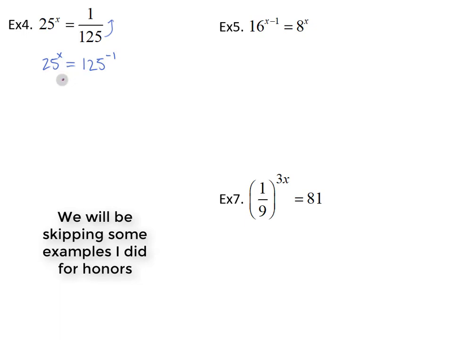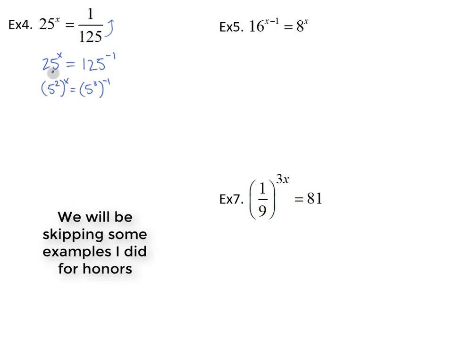Now hopefully you recognize these are both powers of 5. We don't have a matching base, but they are both powers of 5. 25 is 5 squared, which again when we rewrite these we use parentheses. 125 is 5 cubed, 5 times 5 times 5, to the negative 1st power.